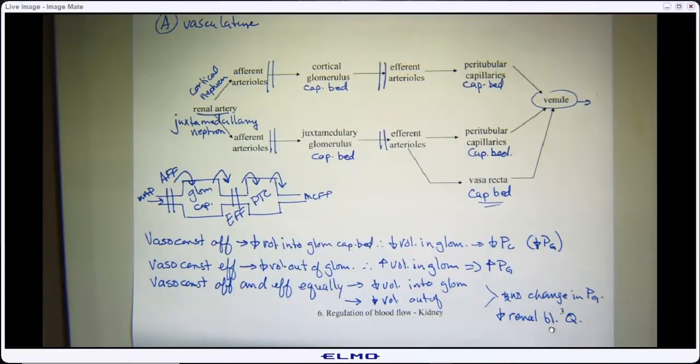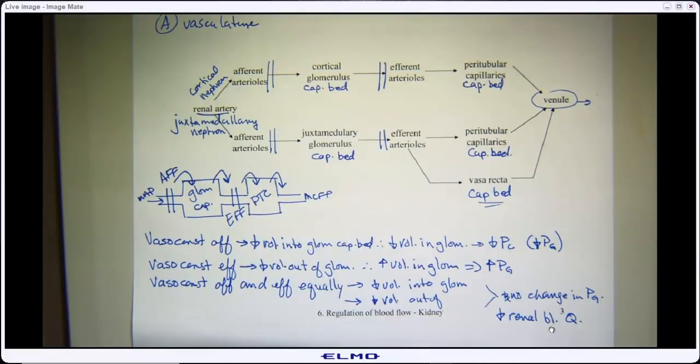Okay, so we started thinking about the control of exchange between the capillary bed, one of the capillary beds of the kidney, the glomerulus, and we'll see in a minute where that fluid flux will be going into the beginning of the nephron, the beginning of that tube, the Bowman's capsule.